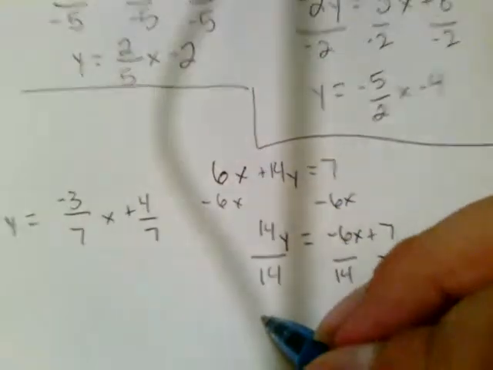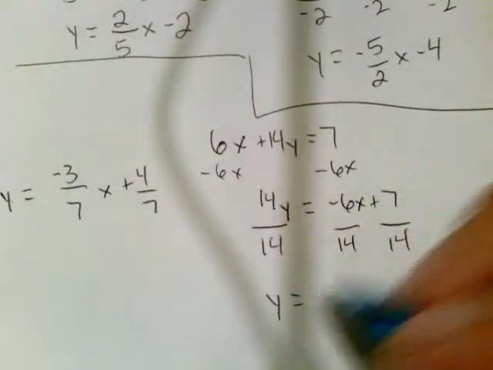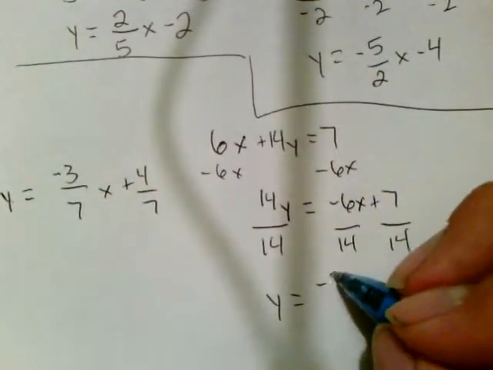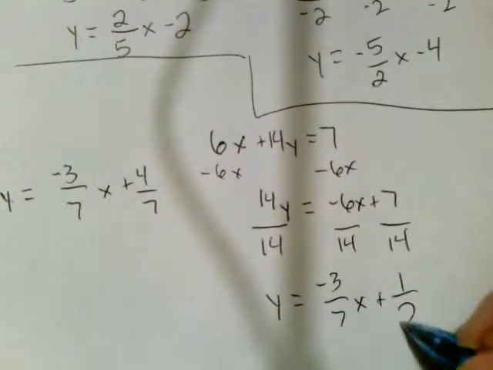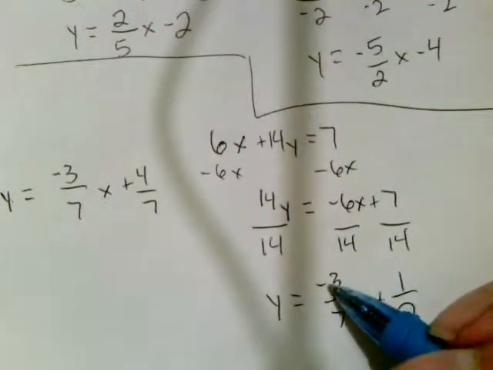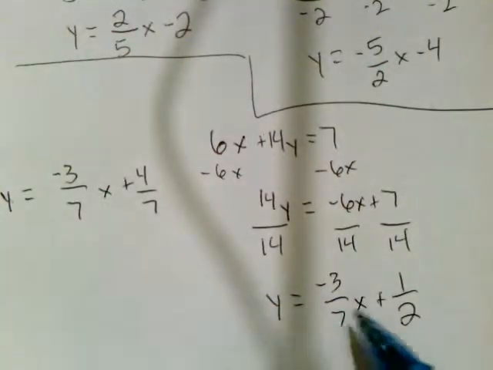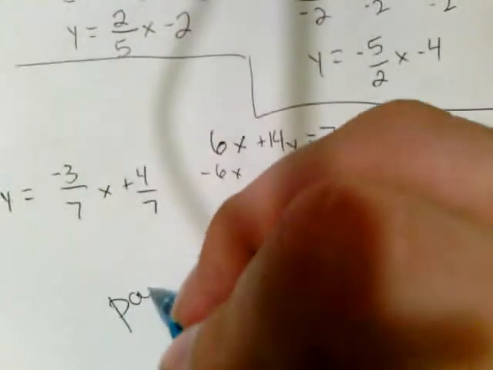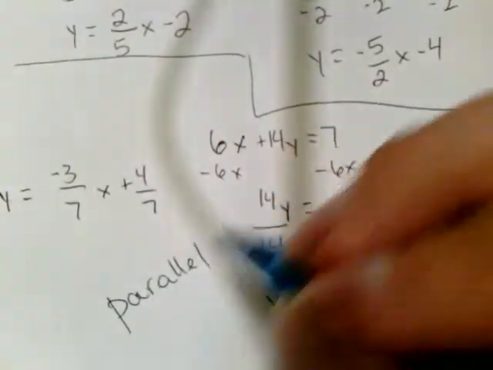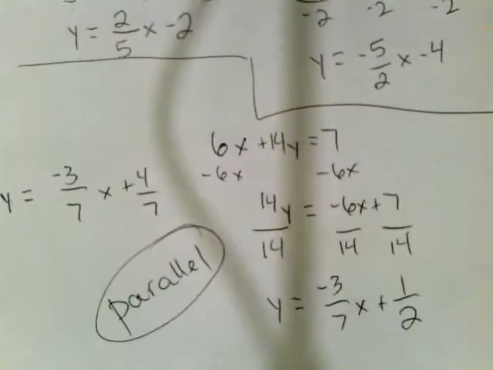This ends up being y equals, this can reduce, negative 3 over 7 x plus 1/2. Alright, so notice same slopes, different y-intercepts, so these would be parallel. Okay, parallel.